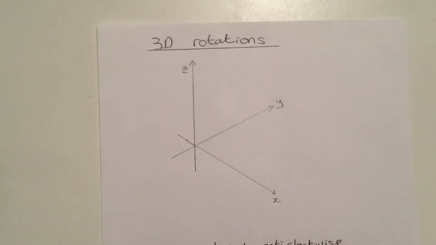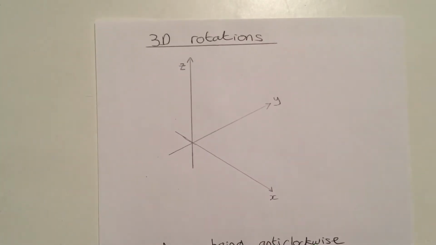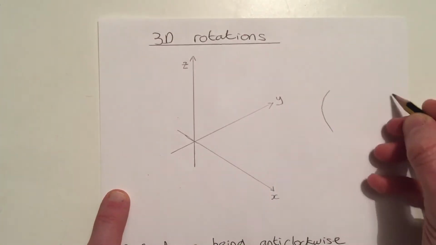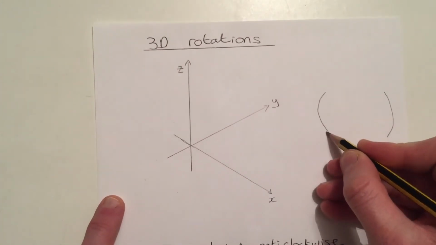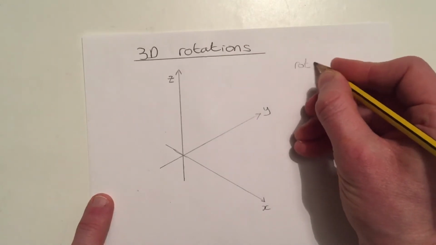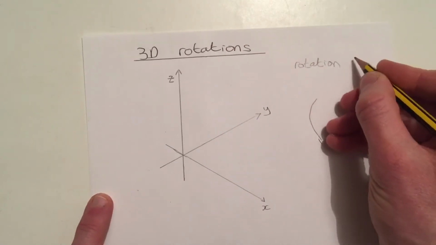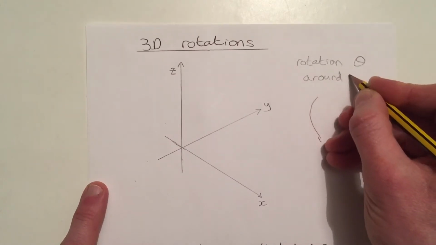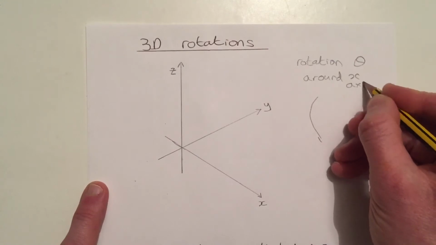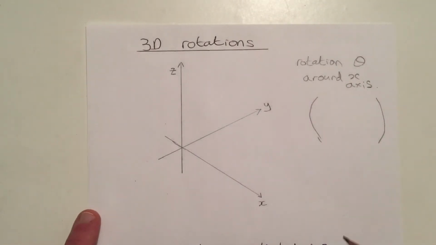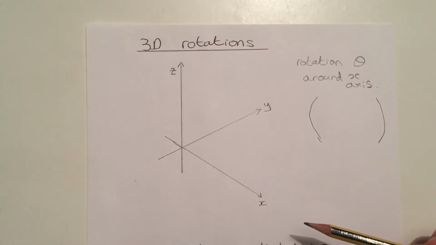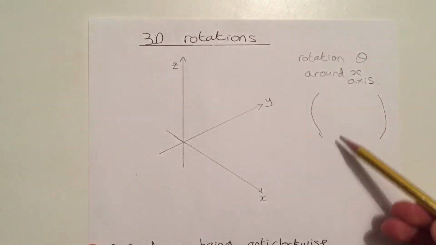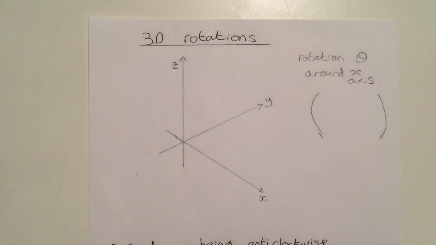So let's start off by finding the 3x3 matrix that represents a rotation theta around, well, let's do the x-axis first of all. So just like we did before, we're going to consider what happens to the coordinates 1, 0, 0, 0, 1, 0 and 0, 0, 1, and that's going to tell me each of these columns.